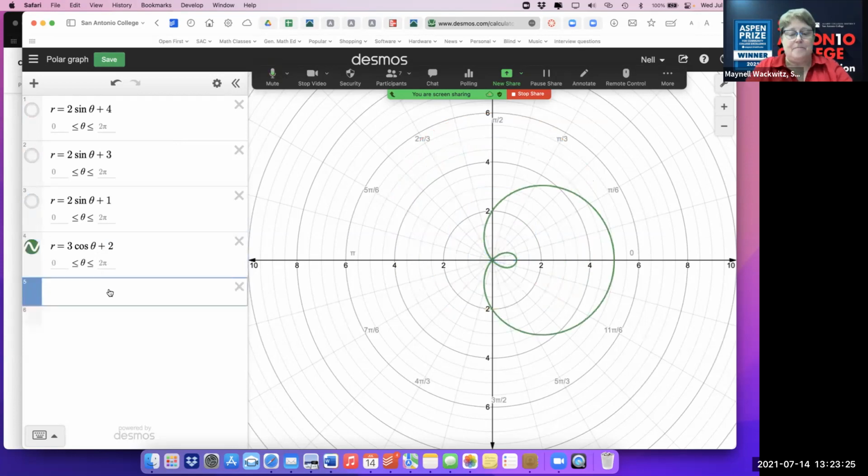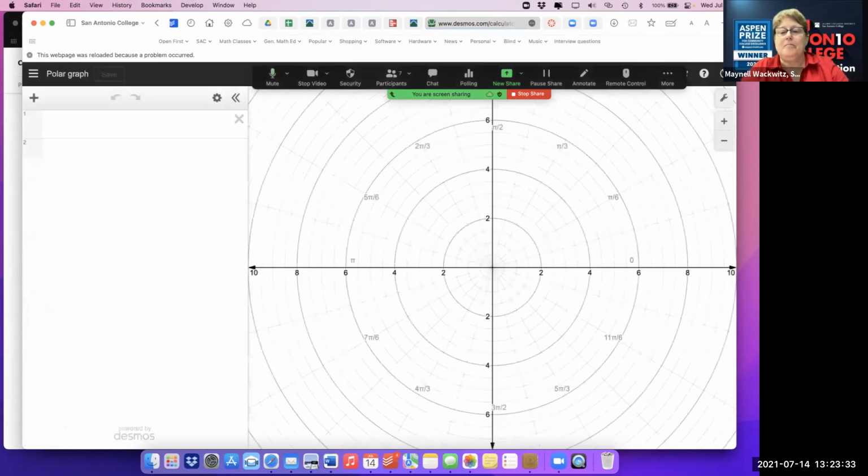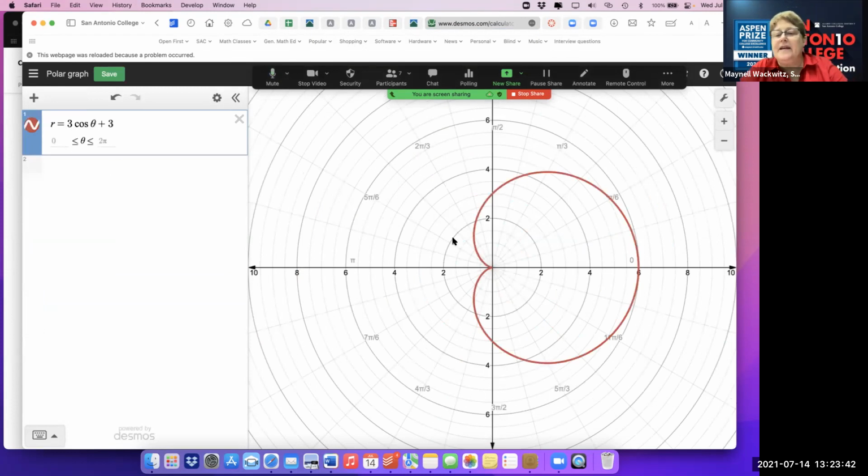Oh, let's try that. So what if we have R equals 3 cosine theta plus 3? Okay, R equals 3 cosine theta plus 3. And it just dips in.